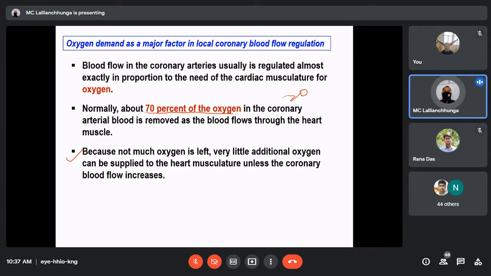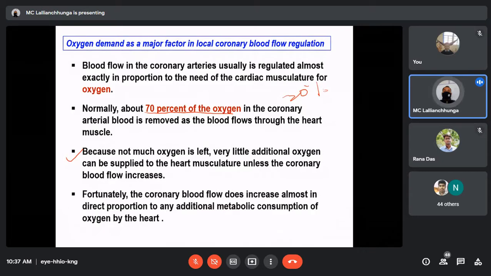Because not much oxygen is left, very little additional oxygen can be supplied to the heart muscle unless the coronary blood flow increases. Until there is an increase in blood flow, it is difficult to supply extra oxygen to the working heart muscle, so there should be increased blood flow.